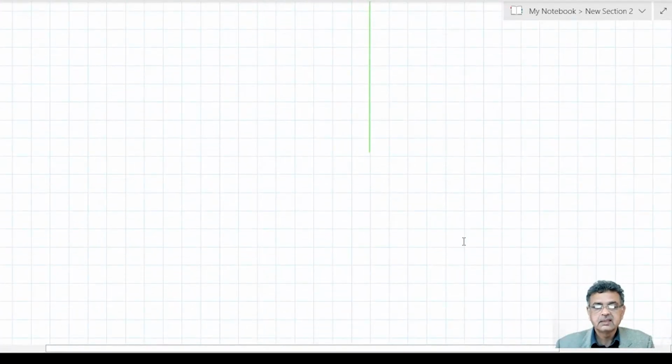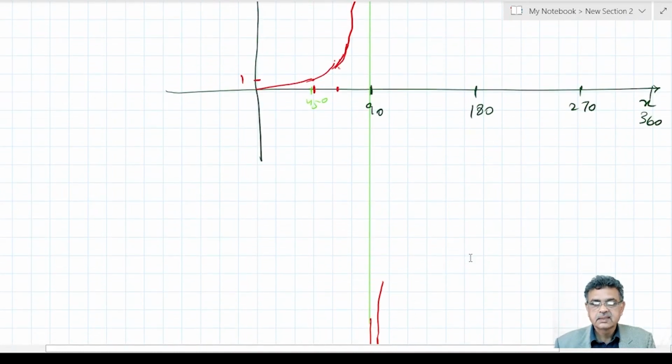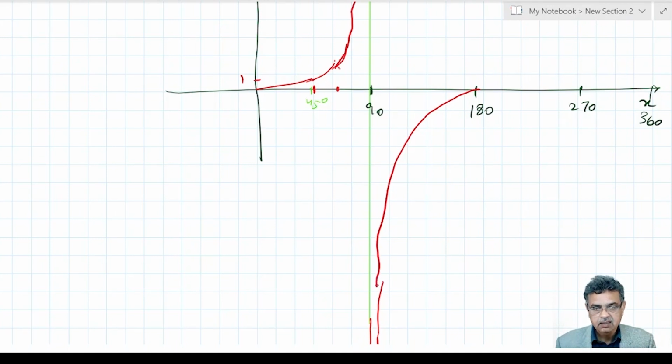On the other side, it appears somewhere from this side and it moves this way and it gets away from this line, closer to 0.